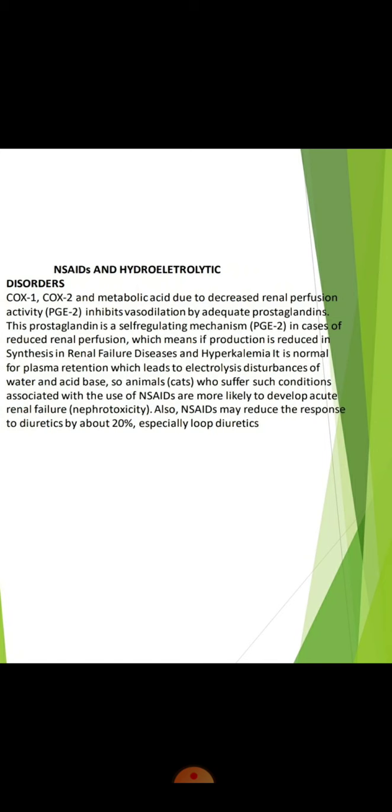So animals who suffer such conditions associated with the use of NSAIDs are more likely to develop acute renal failure. Also, NSAIDs may reduce the response to diuretics by about 20%, especially loop diuretics.